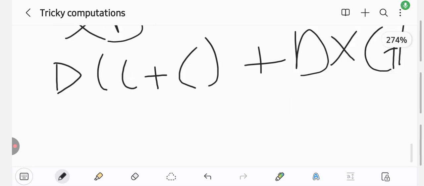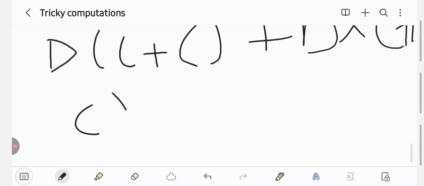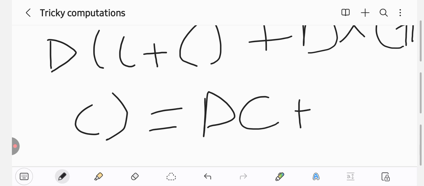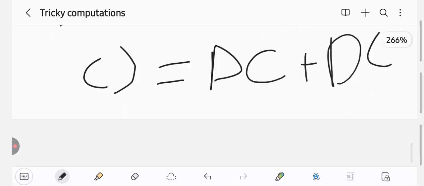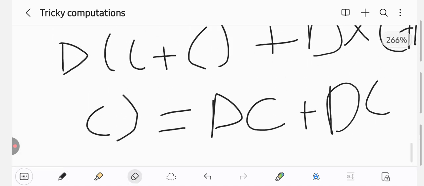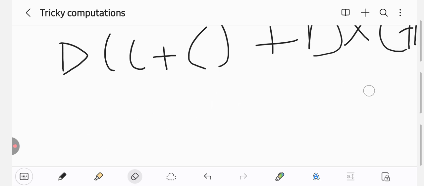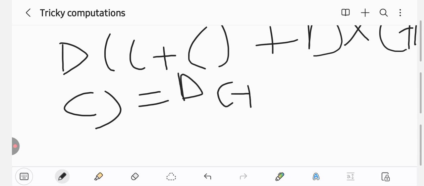It's kind of like here. Now we just apply the distributive property, or we can write it as DC plus DC plus DC plus DC.